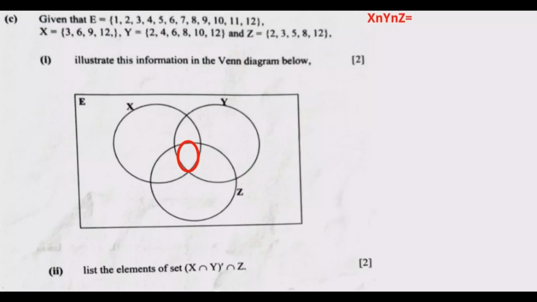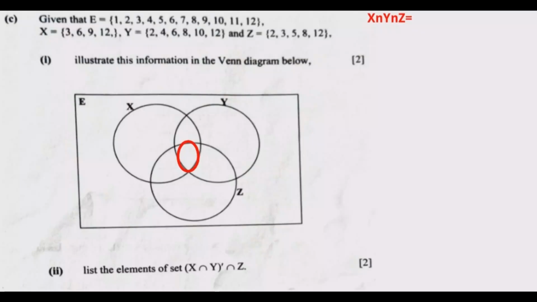A member found in this region is a member that is found in all three sets, excluding the universal set. Let's ignore the universal set, because it has elements found in the sets and outside the sets. So we focus on sets x, y, and z.